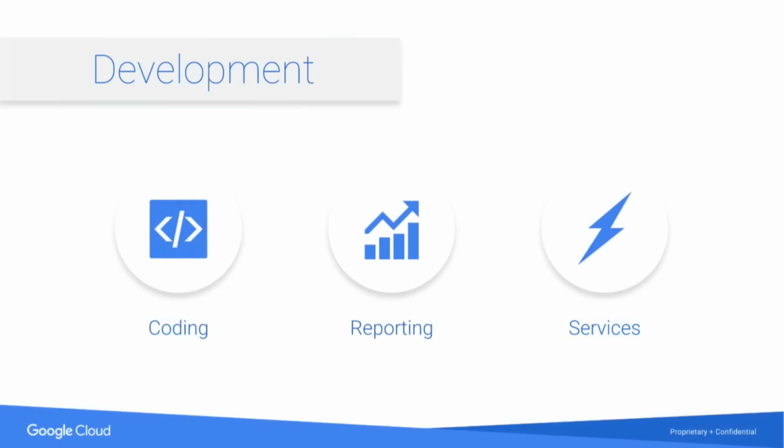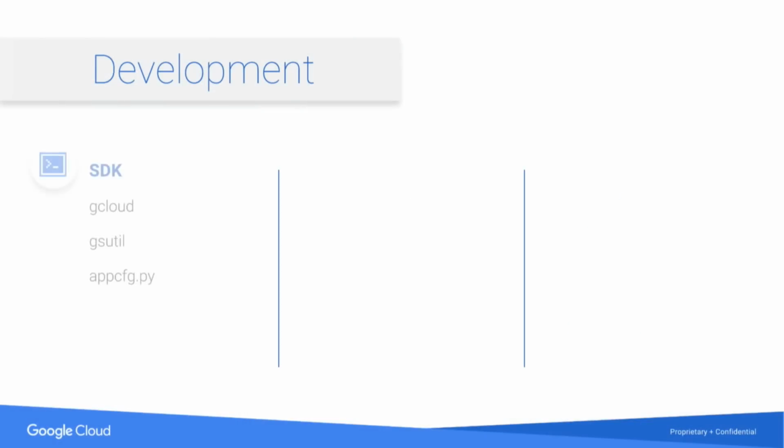From a development perspective, there are three things here as well: the coding aspect, reporting, and services. If we look at coding, there's an SDK, and I've mentioned that. The SDK is around gcloud SDK, the Google Cloud Storage SDK, but also if you're doing App Engine, there's another SDK that helps you interact with App Engine a little bit differently, App Engine configuration.